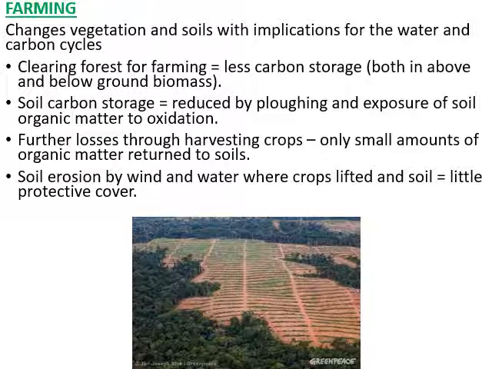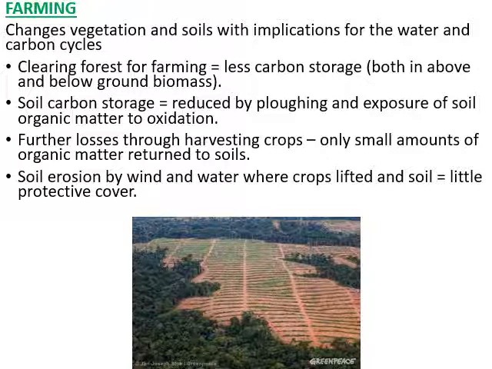And then if you think about the natural system, when we talk about the rainforest and we talk about nutrient cycling, we're talking about dead leaves falling to the ground, putting nutrients back into the soil. When we farm the land, we clear the whole field. We don't leave behind any residue.